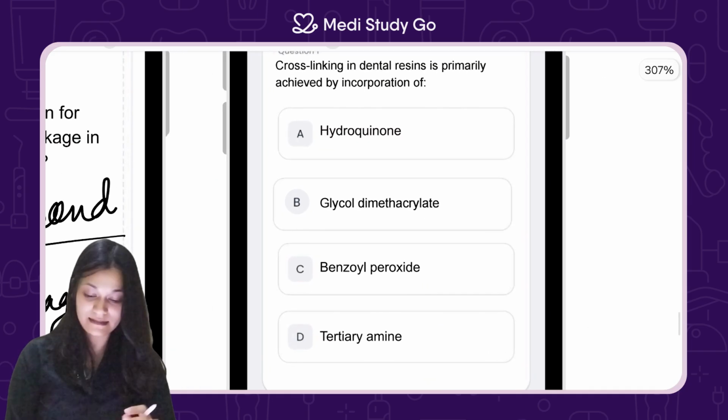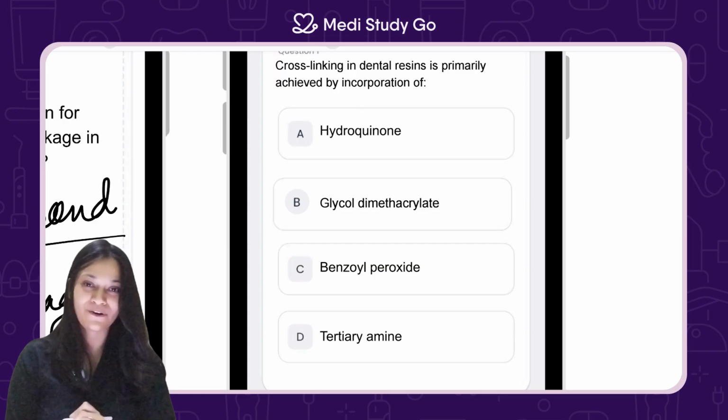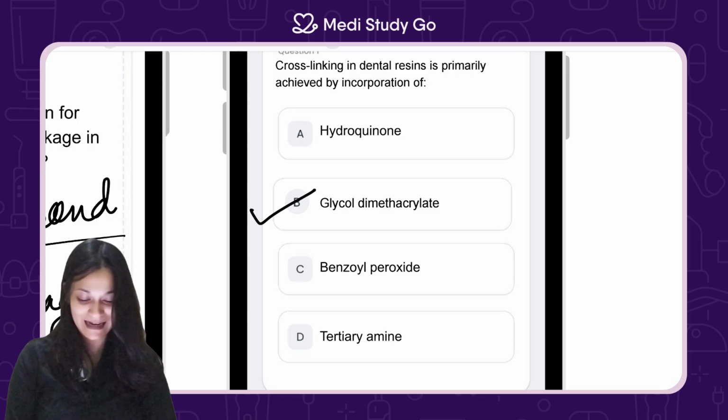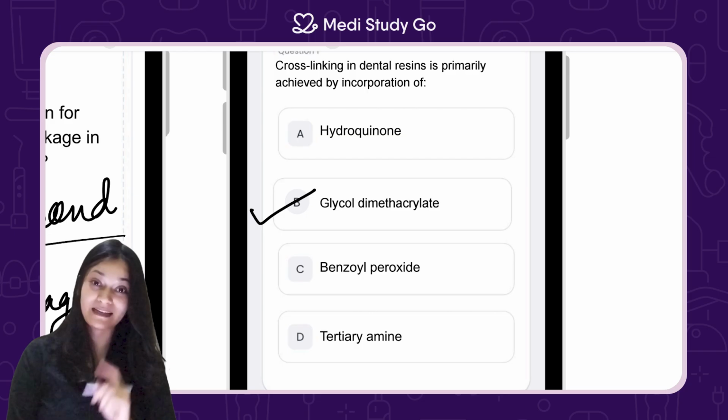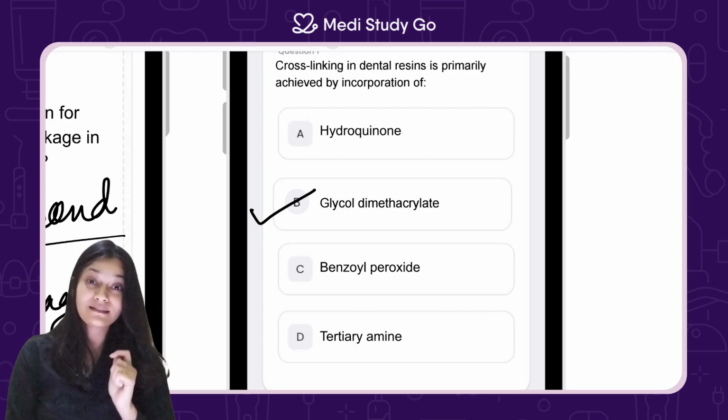Cross-linking in dental resin is primarily achieved by, now this is about the constituents of your denture-based material, glycol dimethacrylate. How does it lead to cross-linking and what are the other ingredients of your denture-based polymer?